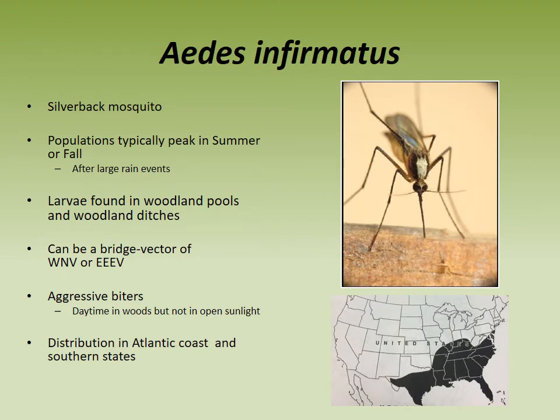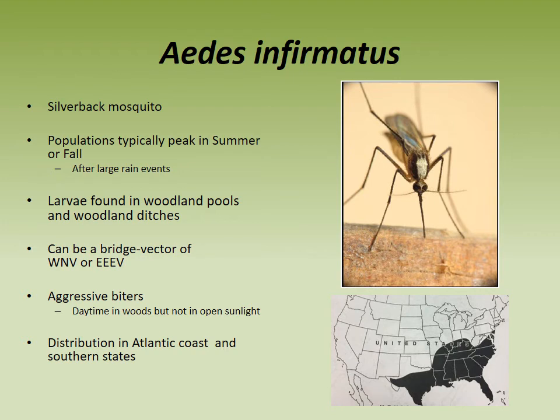Aedes infirmatus. So this one usually is differentiated wherever you are between this species and atlanticus, even though there are some similarities. This is known as the silverback mosquito. Populations typically peak in the summer and fall after large rain events, just like atlanticus. Larvae are found in woodland pools and woodland ditches. They can be West Nile virus or Triple E vectors, bridge vectors.